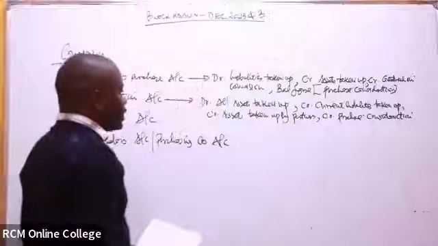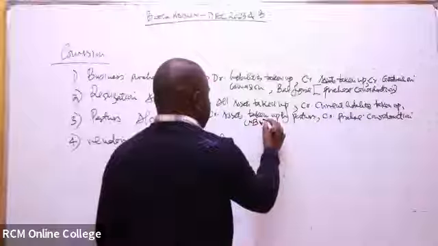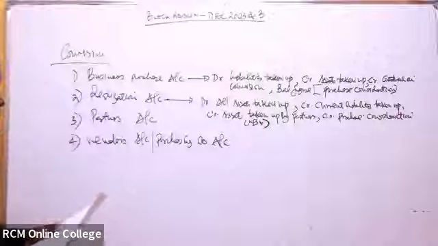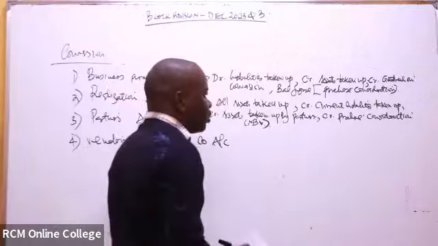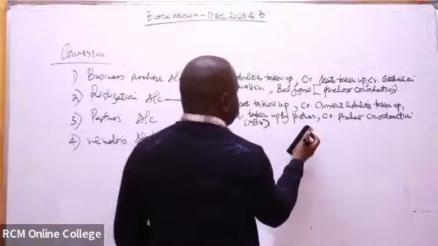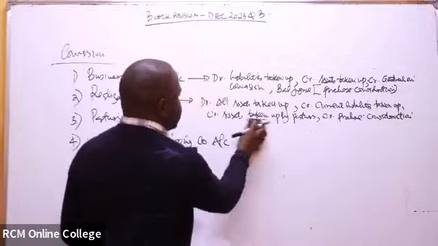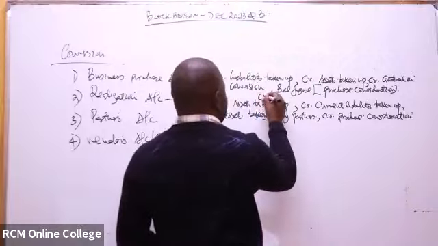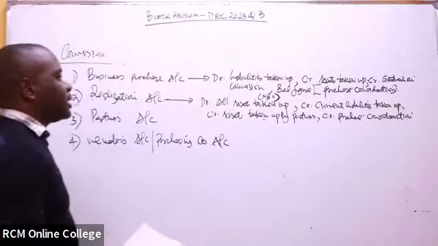So these assets are supposed to be at net book value. The assets taken over, the assets which have actually been taken over, are at net book value.